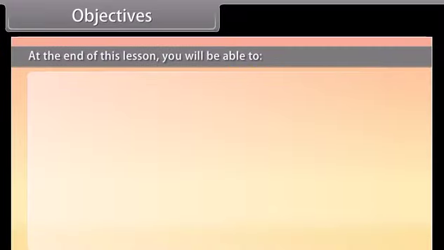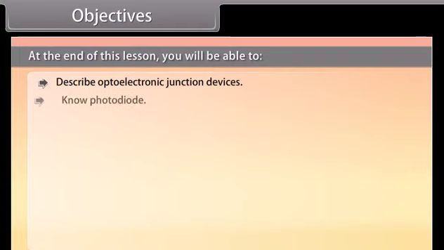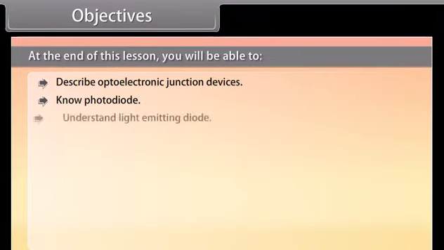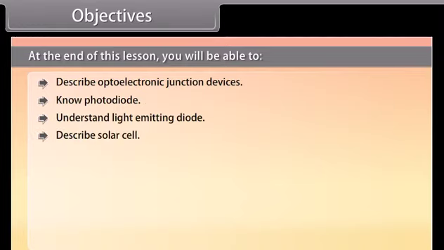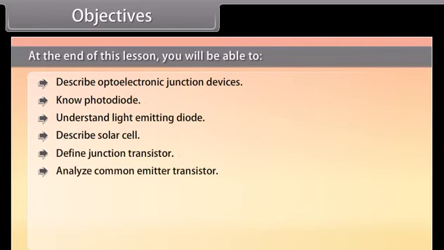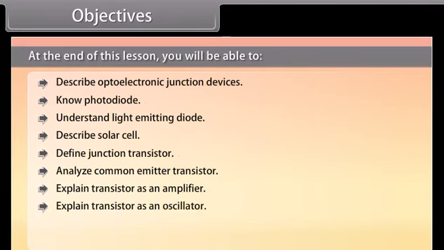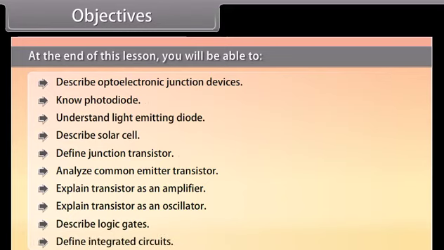At the end of this lesson, you will be able to describe optoelectronic junction devices, know the photodiode, understand the light-emitting diode, describe the solar cell, define the junction transistor, analyze the common emitter transistor, explain the transistor as an amplifier, explain the transistor as an oscillator, describe logic gates, and define integrated circuits.